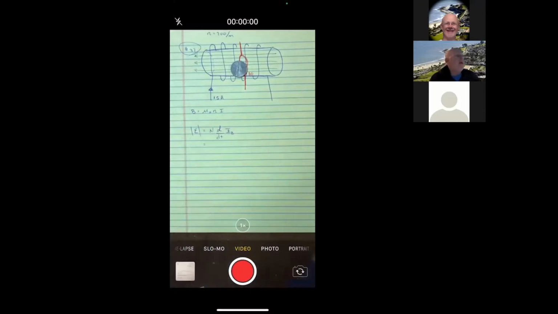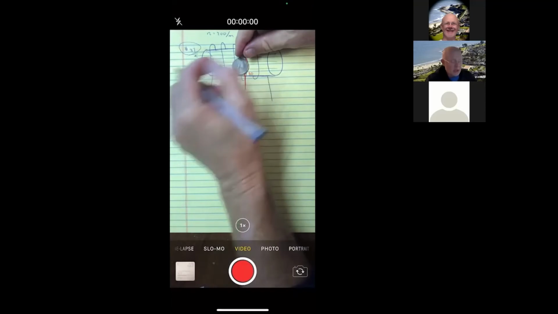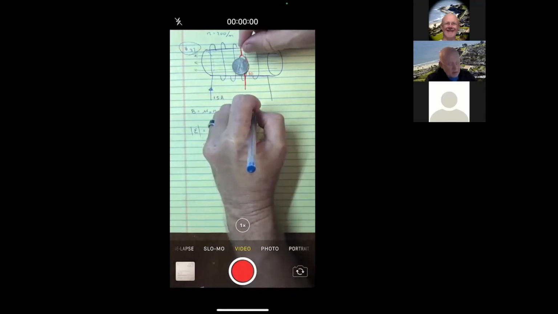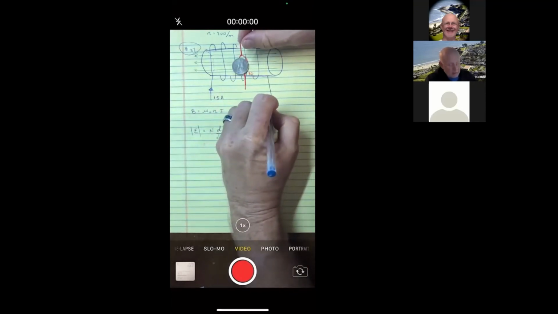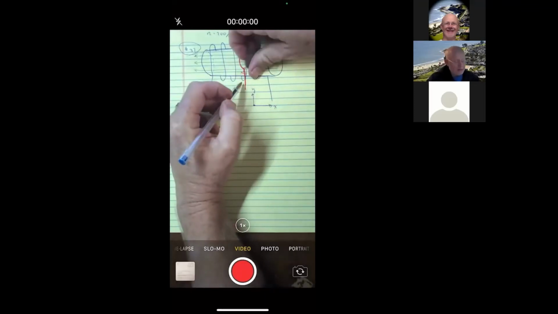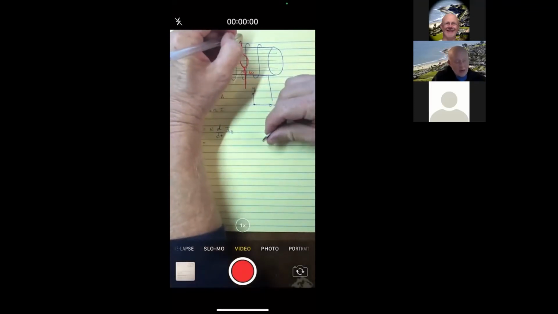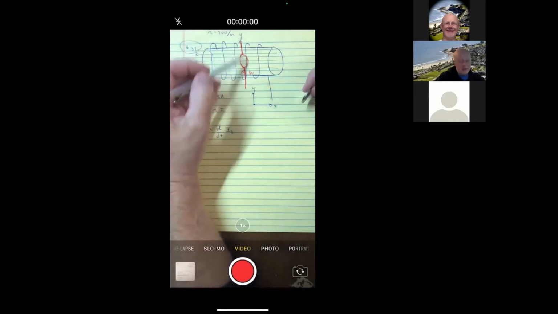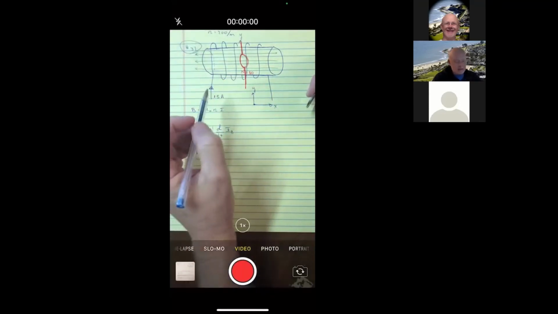Now I better read the question here before I go too far. The plane of the coil is in the YZ plane at time equals 0. So if I do the X, and I've got to put Y up, because remember they said it rotated around a Y axis, and the way I drew it in my picture, I've already chosen my Y axis.